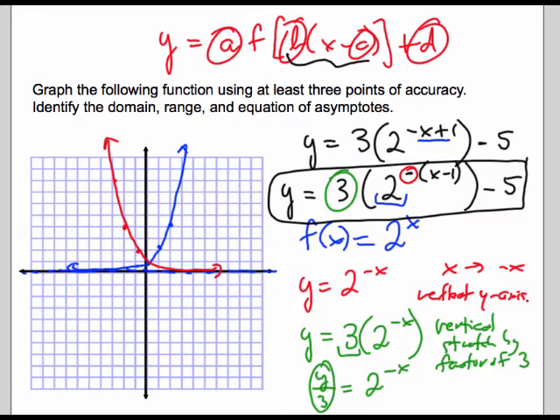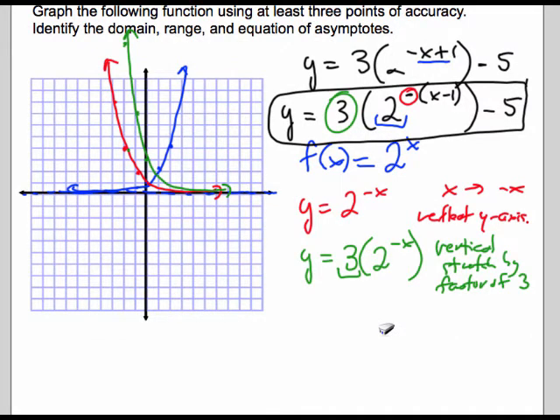And so y divided by 3 reminds me that I need to make my new y values 3 times the size to compensate for that dividing by 3. So however you want to look at that, on my red graph, all my y values have to multiply by 3. So I have a y value of 4 here, multiplied by 3 is going to go way up. 2 multiplied by 3 is going to be 6. 1 multiplied by 3 is going to be 3. And so my graph roughly is coming down here.